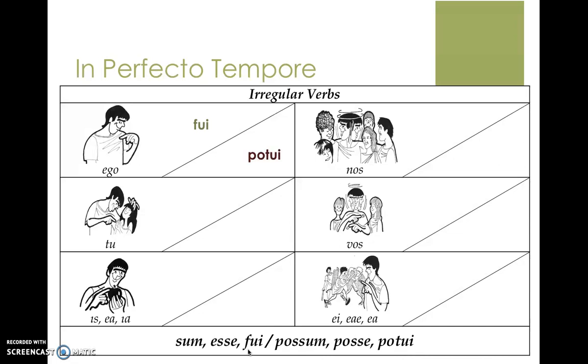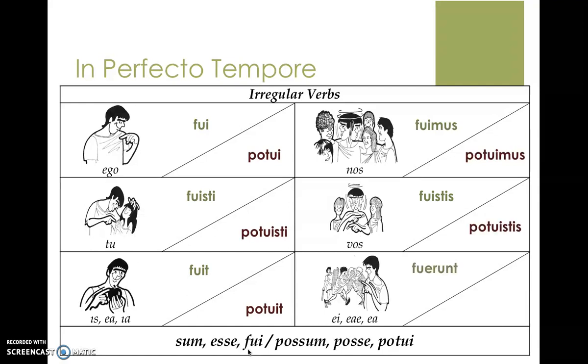So fui and potui, fuisti and potuisti, fuit and potuit, fuimus and potuimus, fuistis and potuistis, and fuerunt and potuerunt. Again, these behave like a completely regular perfect tense verb, and therefore we translate them in the past tense as well. So this would be I was and I was able. You were and you were able, etc.